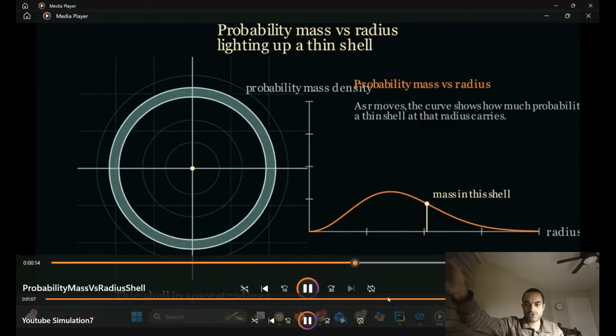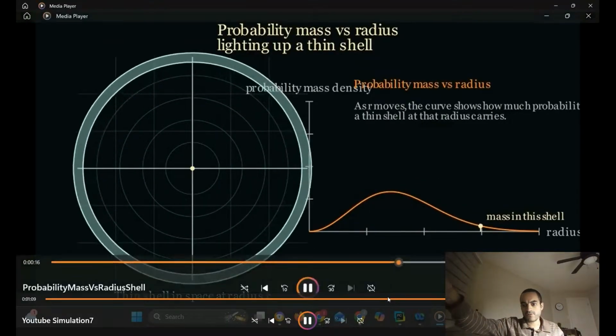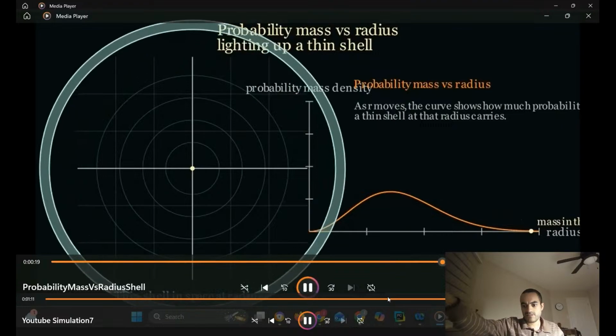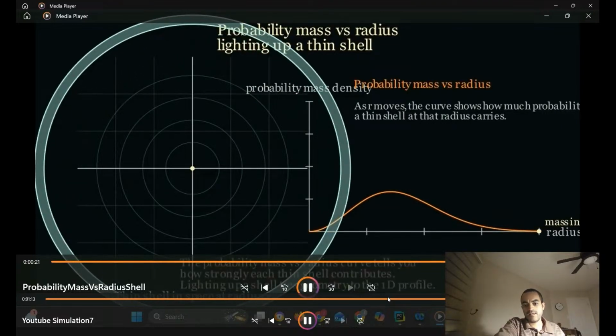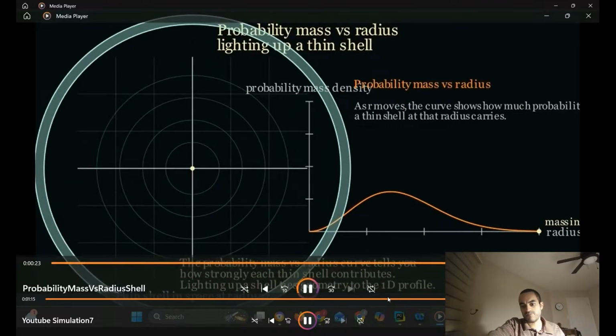As that blue-green curve shell is increasing, on our right side, probability mass versus radius, the mass in this shell, that point there, is following its trajectory, it's moving. So the location is always changing. The radius of that shell tells us where the location is changing on the probability mass versus radius curve.